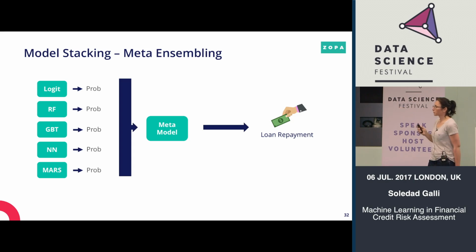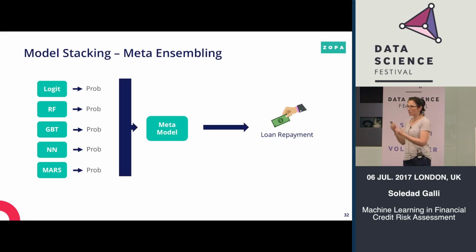All of them will have a probability. And then with those probabilities, we want to evaluate what combination works best. In the simplest of scenarios, we can average the probability of all of them, and instead of considering one model, we just consider the average of all the models. So that's one way of stacking algorithms.